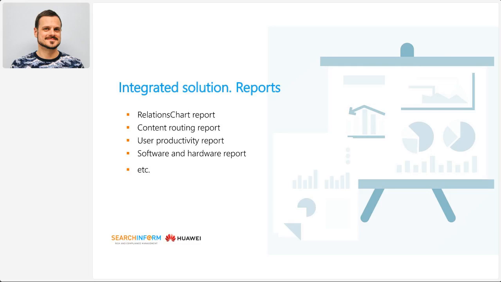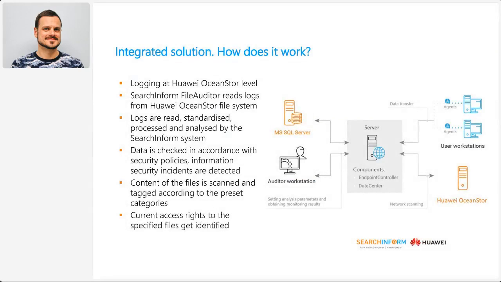Software and hardware report is a nice one that allows you to automatically build a statistical report showing the exact audit report of what kind of hardware is being installed on this or that machine, what kind of software is out there, and any changes in it on a daily basis.